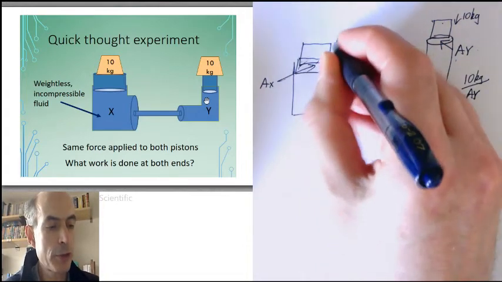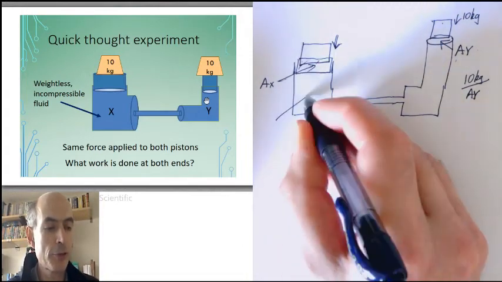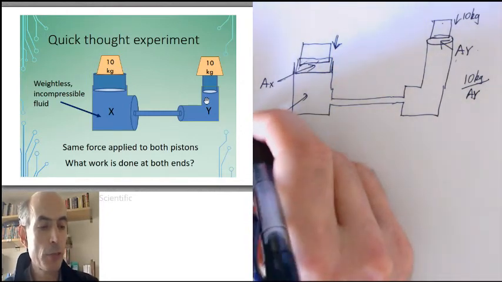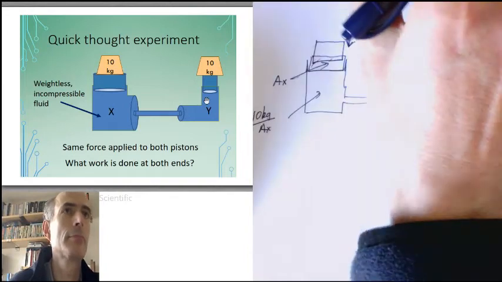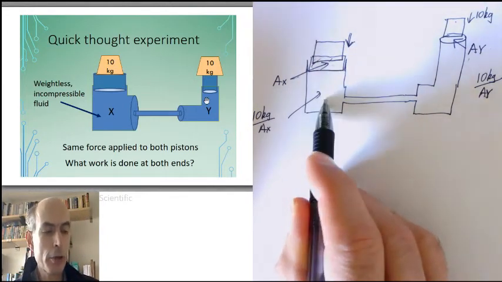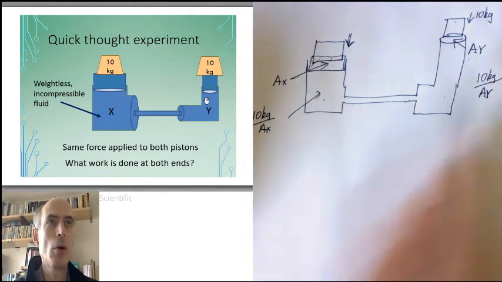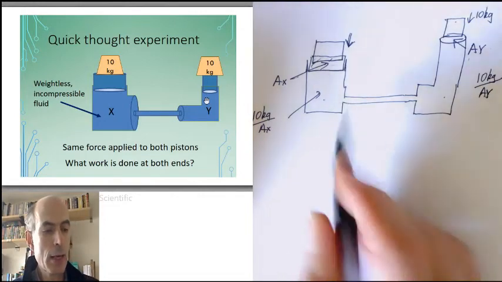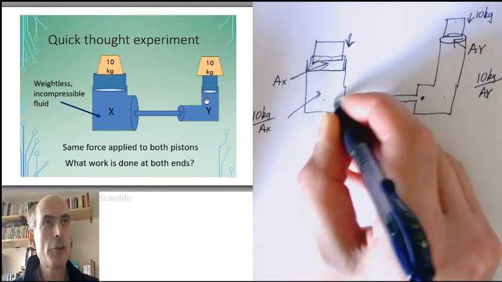That's going to be pushing down, and that's going to be causing a pressure in this part of my system of 10 kilograms divided by AX. So the pressure here is smaller than the pressure here, because AX is bigger than AY. That means I have a larger pressure on this side than I have on this side.